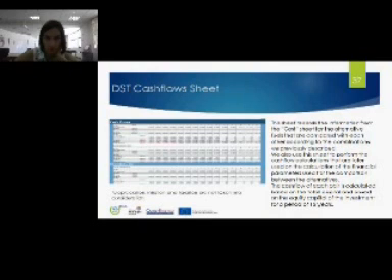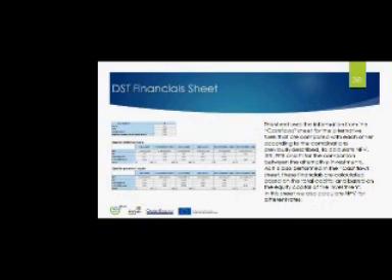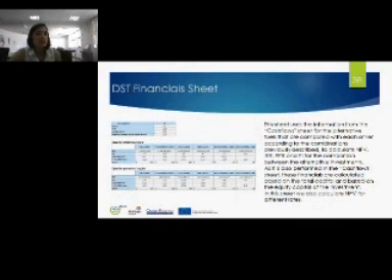The third model sheet is the financial sheet. Here we use all the information deriving from the cash flow sheet for the alternative fuels, and we calculate certain financial parameters such as the net present value, the IRR, payback period, PI, profitability index, and we compare the six combinations based on those parameters.